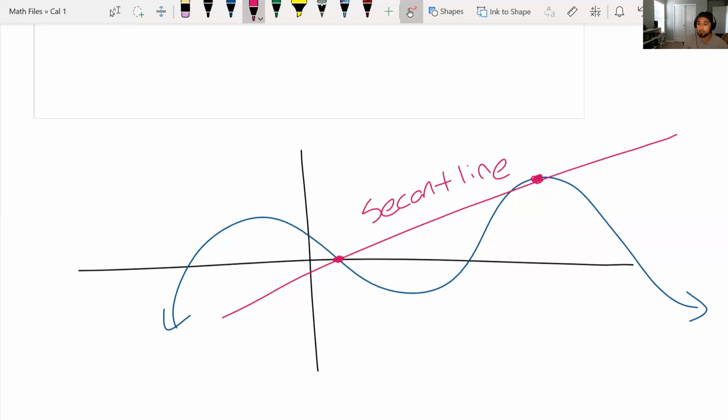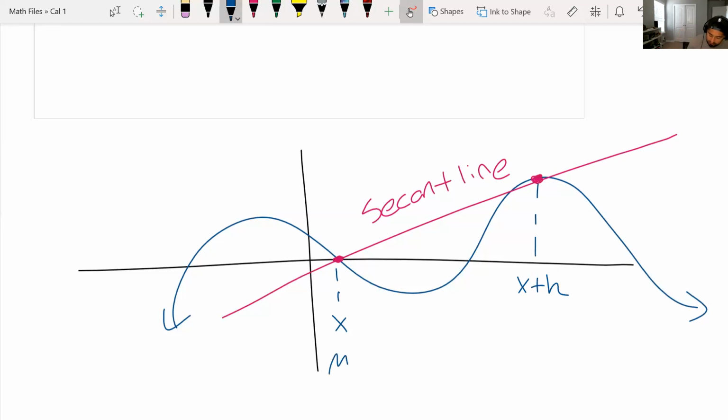And the secant line, you can still find using the difference quotient formula. If we labeled everything, this would be x, and this would be x plus h. If you're given 2 points, what can you find between 2 points? You can find the slope.